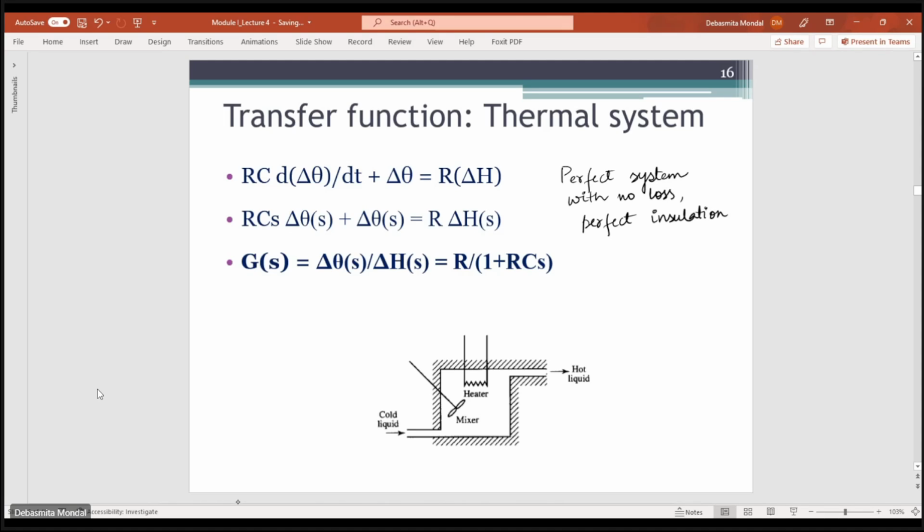This was the differential equation representation of the thermal system. You take the Laplace transform, and from there you find the transfer function, which is the output delta theta(s) by the input delta h(s). Here you see that for this ideal thermal system, the maximum power of s is 1. So the thermal system is a first order system.